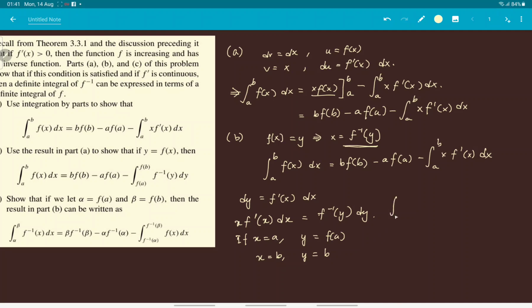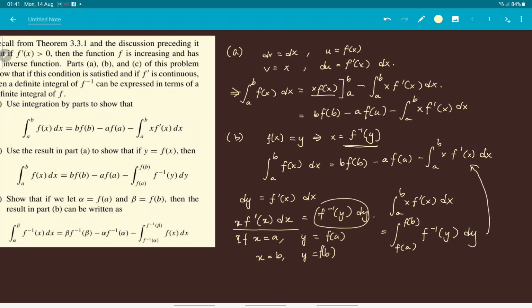So our integral from a to b of x f prime x dx is actually equal to this, and we change the limits of integration: when x equals a, y equals f(a), and when x equals b, y equals f(b), and the integrand will be the inverse of f(y) dy.